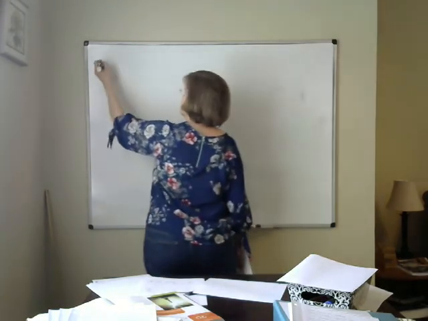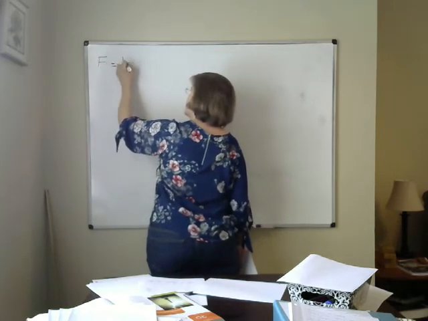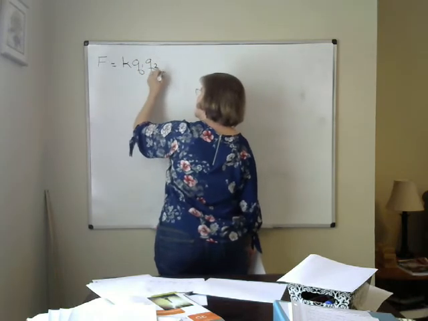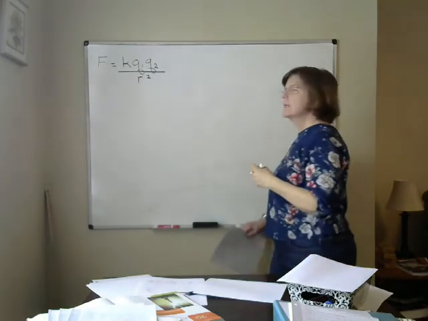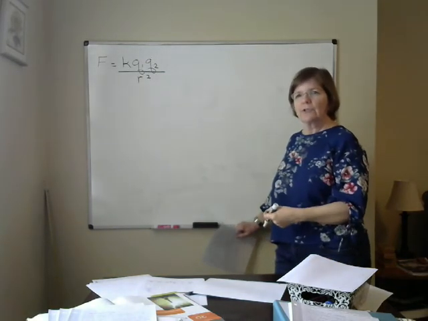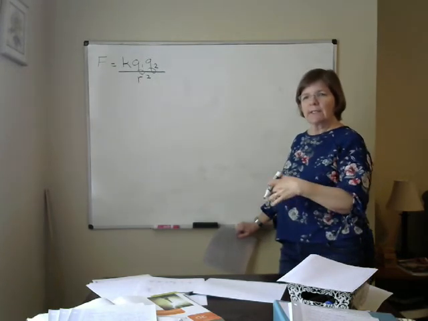Here's Coulomb's law. It says the force between two charges is k Q1 Q2 over the distance squared. In other words, it's directly proportional to the charges Q1 and Q2. It's inversely proportional to the square of the distance.